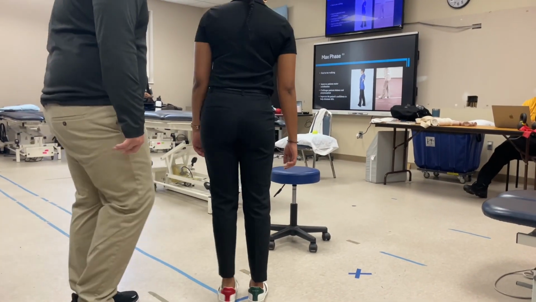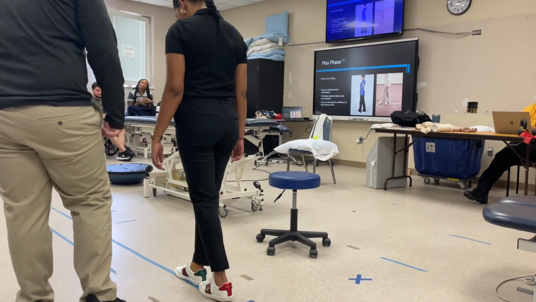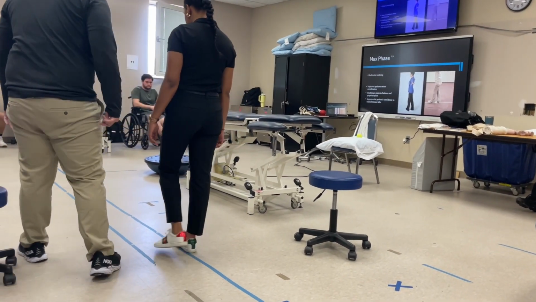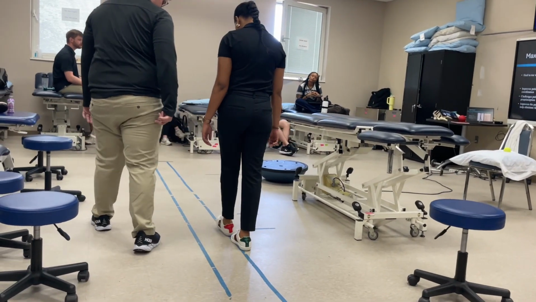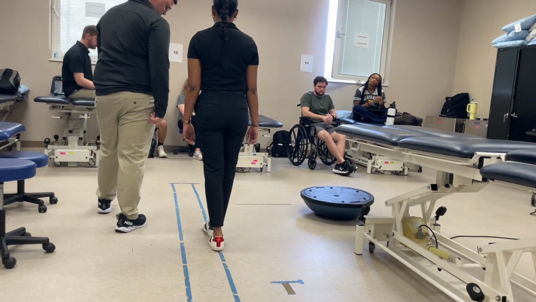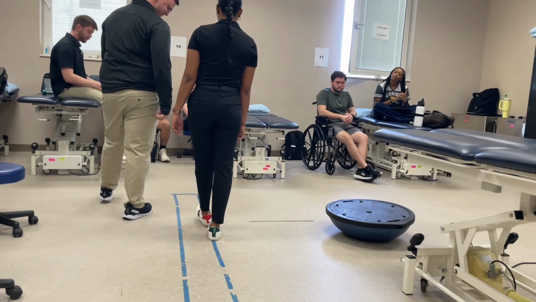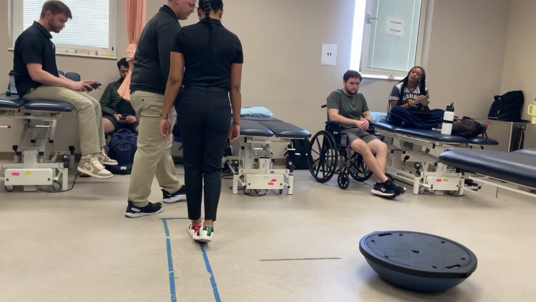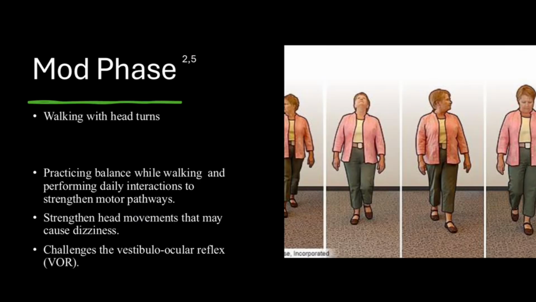All right, we can turn back around. Good. So for the moderate phase, we would just walk in a straight line, like Acacia just did. But while we're walking, we would rotate our heads.